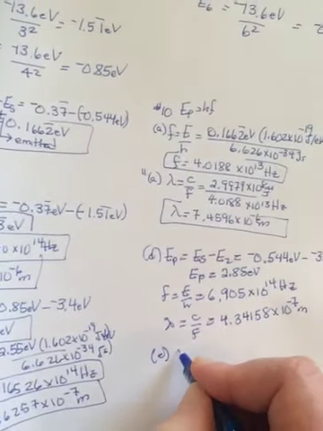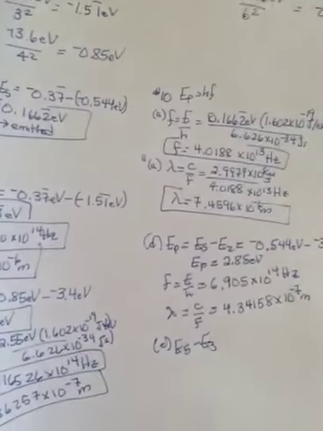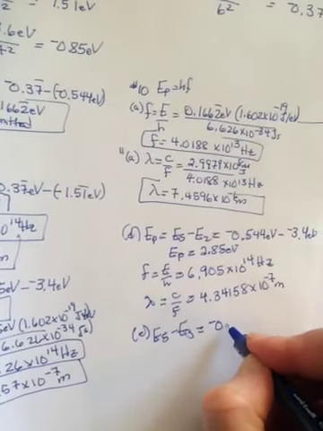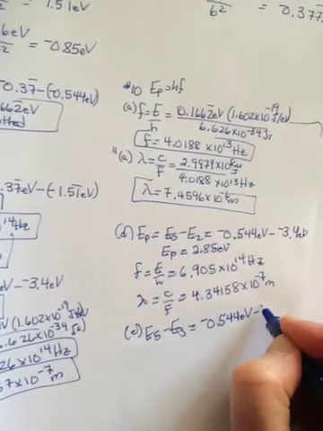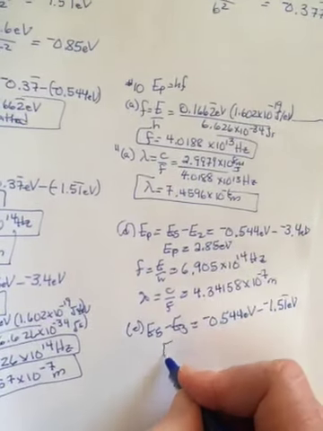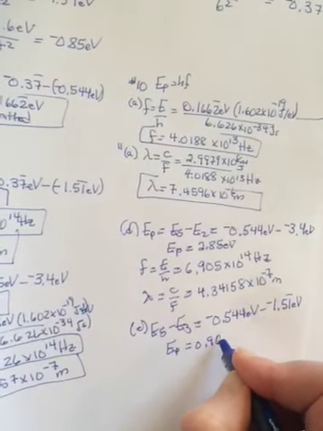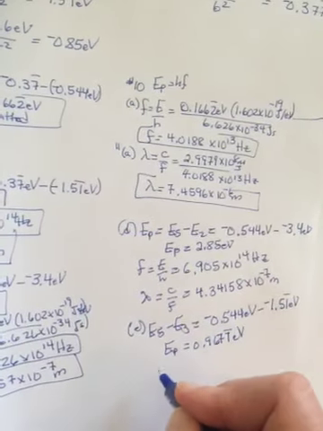And then the last one is E5 minus E3. So it's going from 3 to 5. So 5 was the negative 0.544 electron volts, and 3 was the negative 1.51 repeating. And so you get an EP of 0.967, I think that's 1 repeating if I can make out my handwriting.